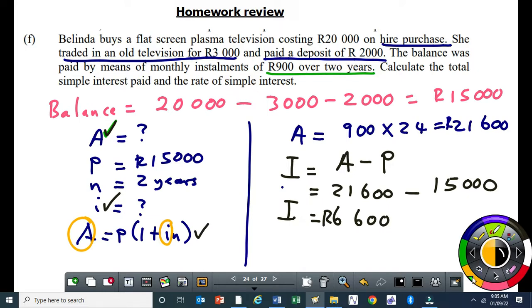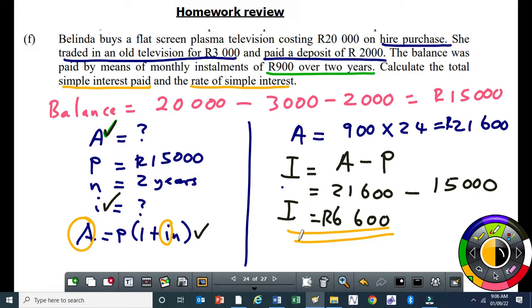First, you're supposed to calculate the simple interest paid. Then the next part of the question, you are supposed to calculate the rate of simple interest. So I've found the interest which was paid. Now I need to calculate the interest rate. Are you following?